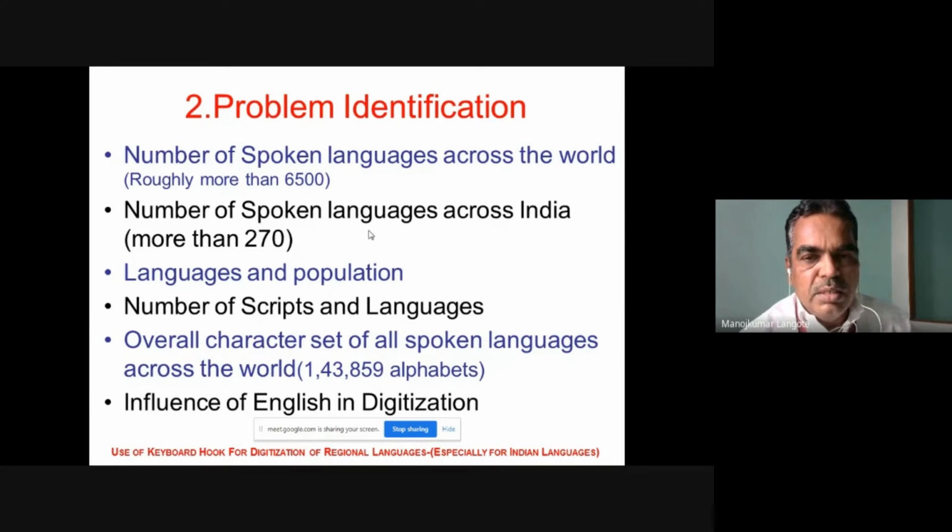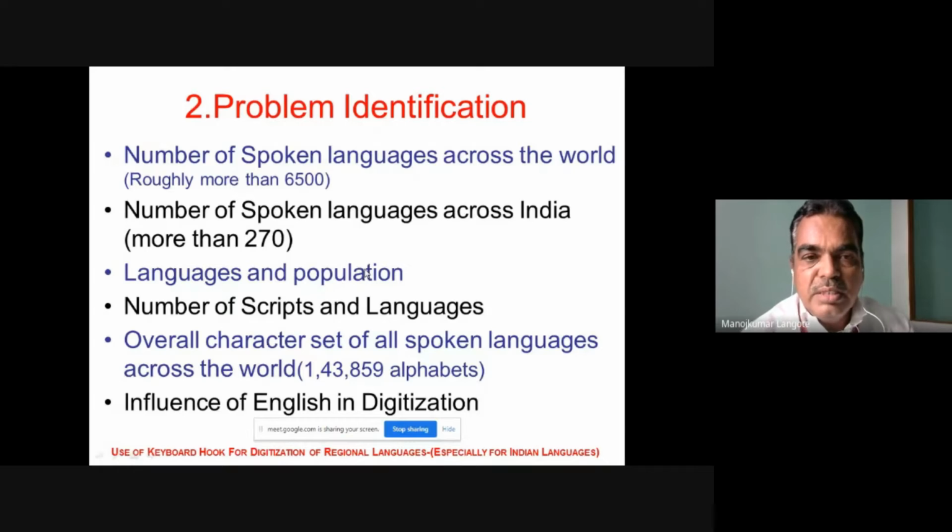And in one presentation, I saw that one presenter presented a paper from Chhattisgarh, and he told that only Chhattisgarh contains 32 different languages. Means many languages cannot be written, they are just spoken languages. So this figure might be more than 270.